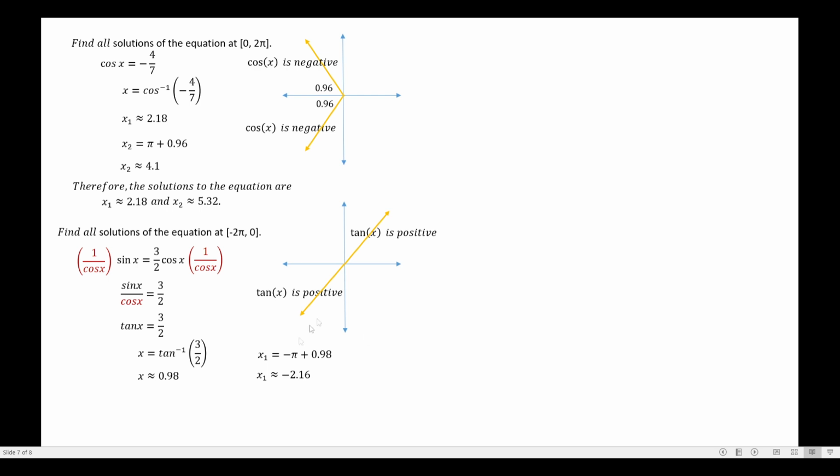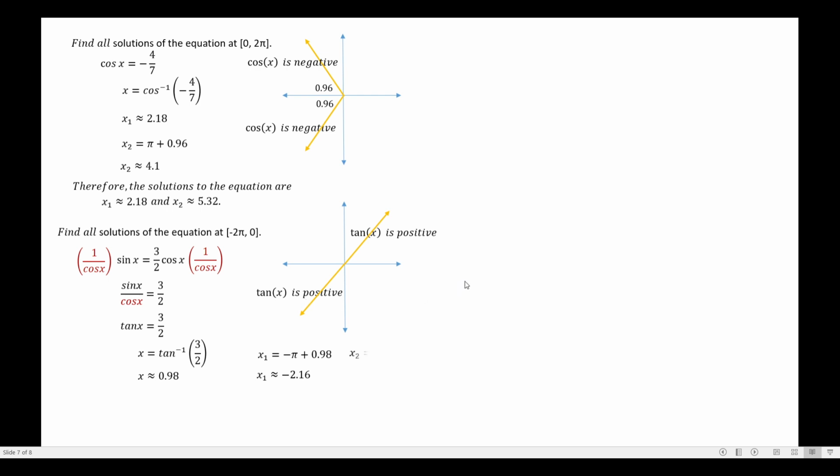Okay, so again, if you want to check, just substitute negative 2.16 into tangent x, and then you must come up with approximately 3.2. Again, approximate because we have this value as an approximate. Or you may substitute negative 2.16 for x in the original function, and the left side and the right side must have the same values.